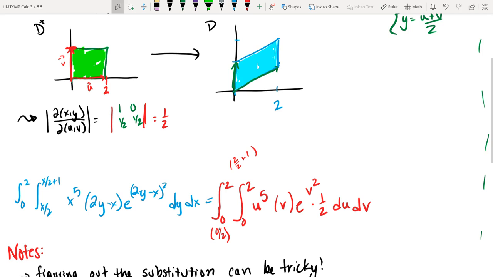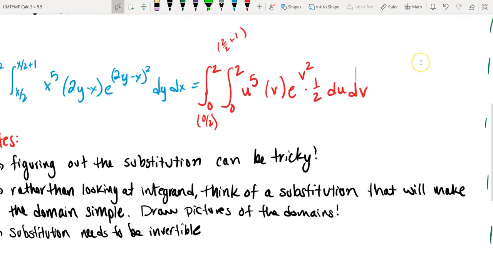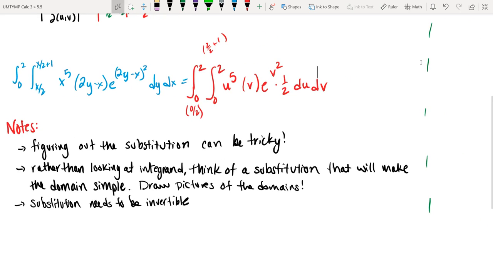Okay, just some comments here. So here you were given the substitution. Sometimes they're not going to be given to you, i.e. the next video. So figuring out the substitution can be tricky, and so what we recommend is that instead of looking at the integrand, think of a substitution that will make the domain simple. And I'm not talking about simple as in no loops and whatever like that.